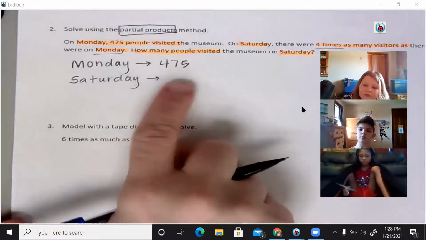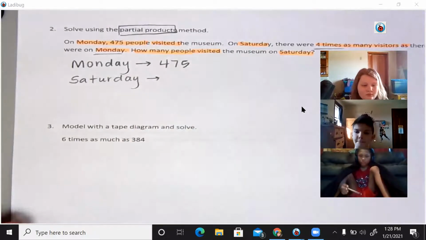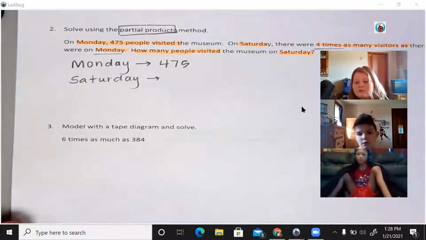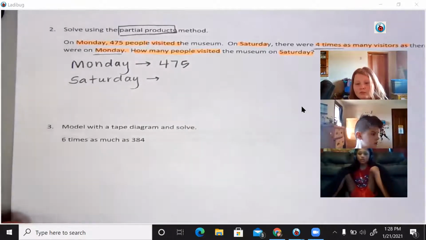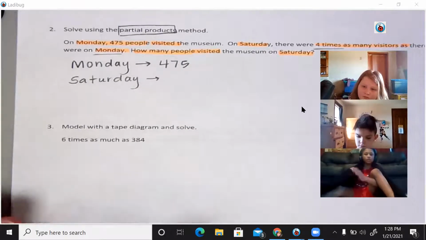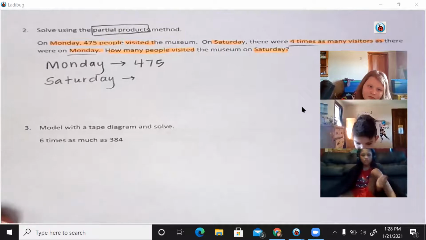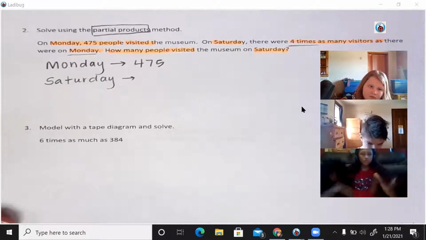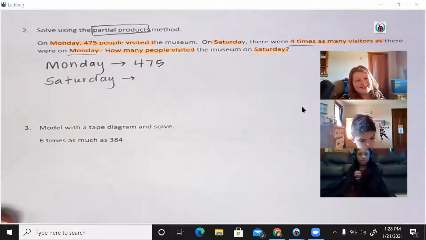So what would I do to figure out how many people are there Saturday? Be specific. What do I do to solve? Well, we don't really know what the numbers are yet. Yeah, we do.